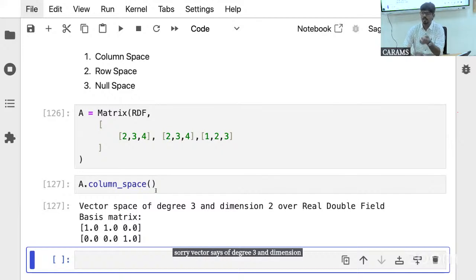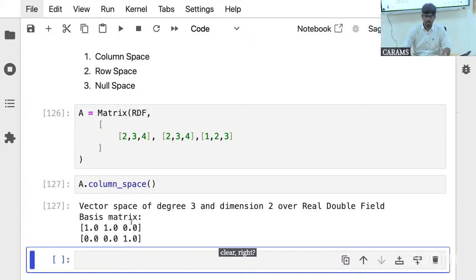Degree is nothing but the dimension of each vector. That means it's a subspace of R3, where the rank of the matrix A is 2. That's what this says. Clear, right?